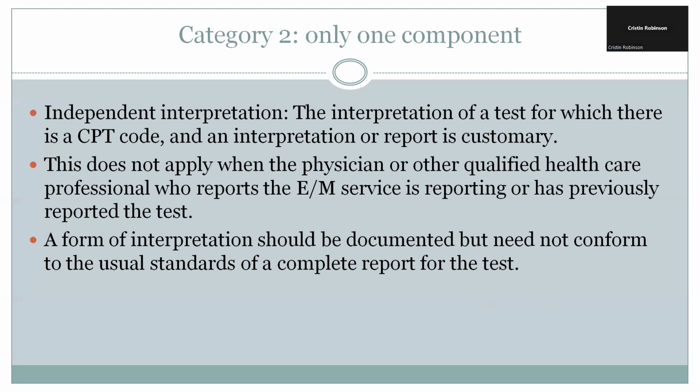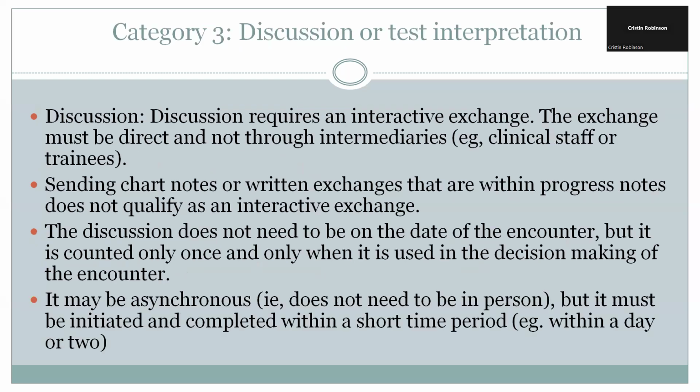Okay, this means that another doctor did this test, interpreted this test, and this provider is reading that scan, those films, and they are coming up with their own interpretation. They are not just reading whatever that other provider interpreted.